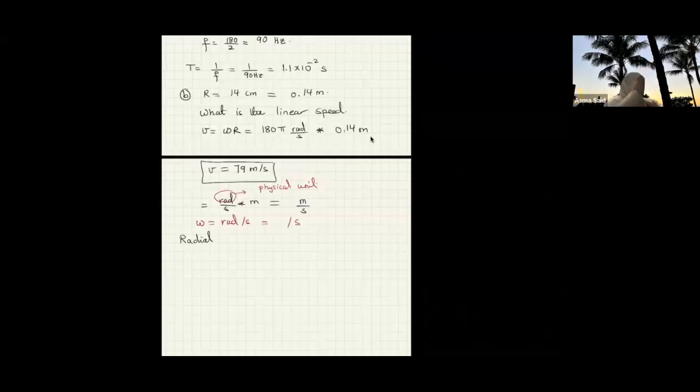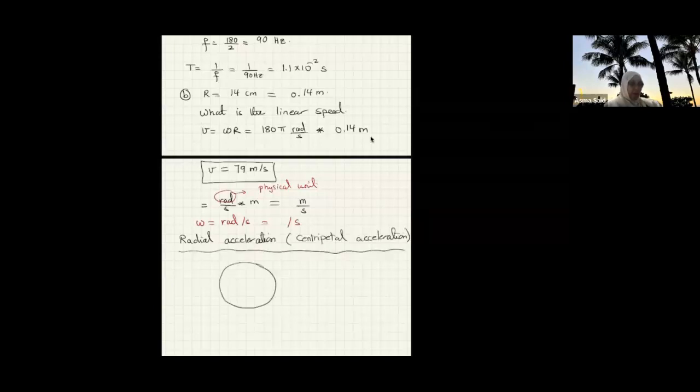Okay, now we are going to talk more about applications of radial acceleration. The other name for it is centripetal acceleration. We call it radial or centripetal.